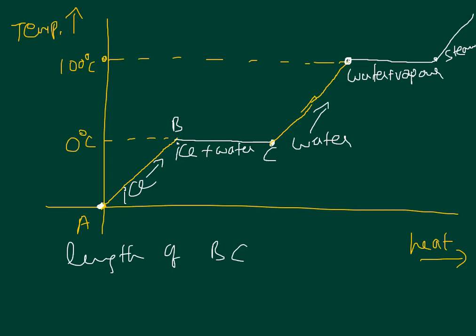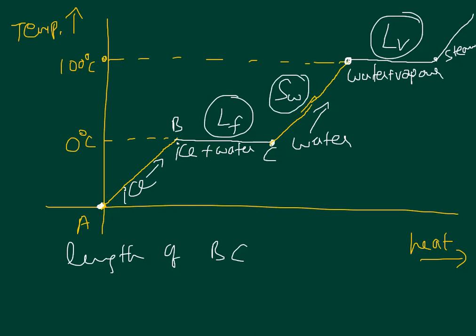BC is related to the latent heat concept, related to LF. This one is related to the latent heat of vaporization concept. This is related to the specific heat of water concept. This is related to the specific heat of ice concept here.